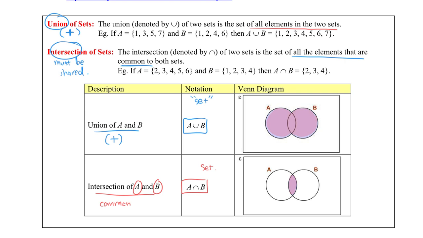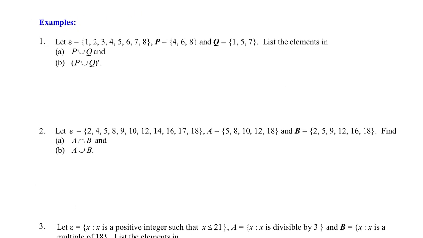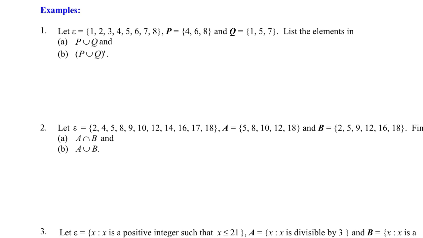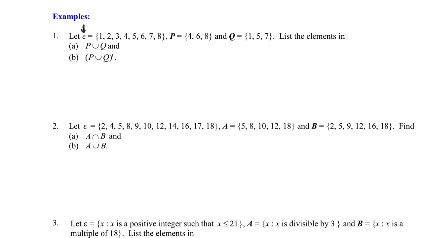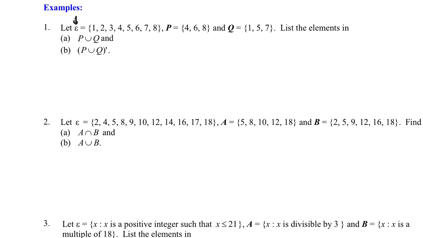So let us take a look at a few questions that test our definition of the union and intersection. Here, example 1, we have our universal set, the biggest set, consisting of 1, 2, 3, 4, 5, 6, 7, 8, P and Q. Now, look, they want us to list the elements in P union Q. That is a set itself.